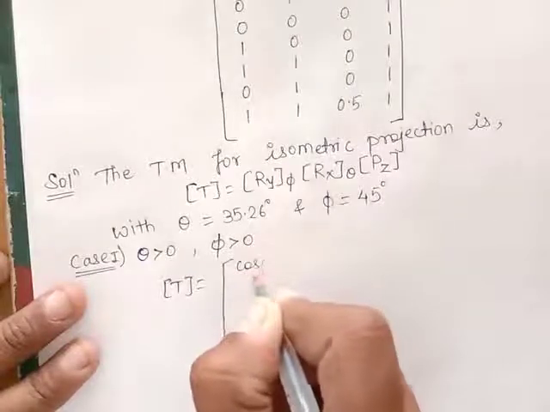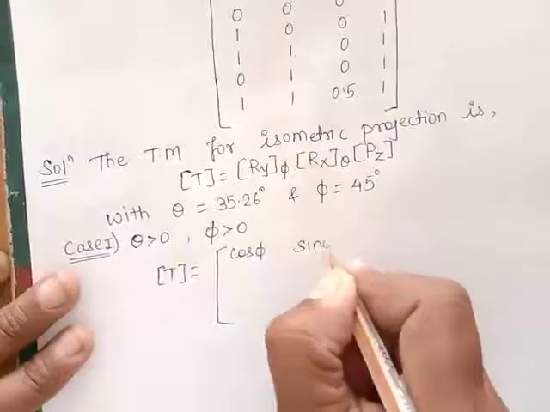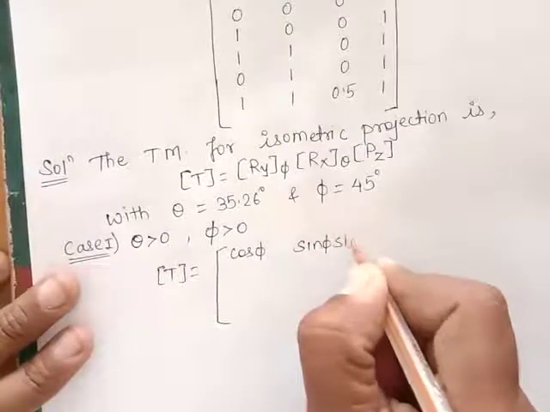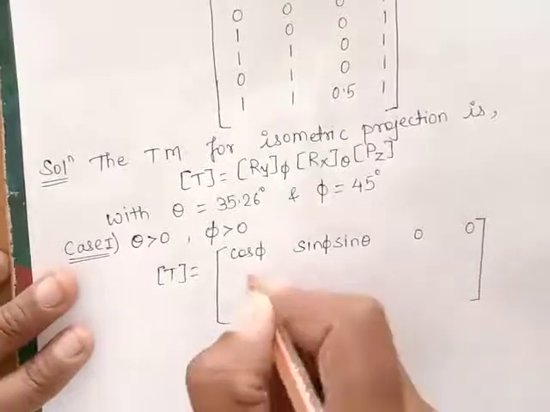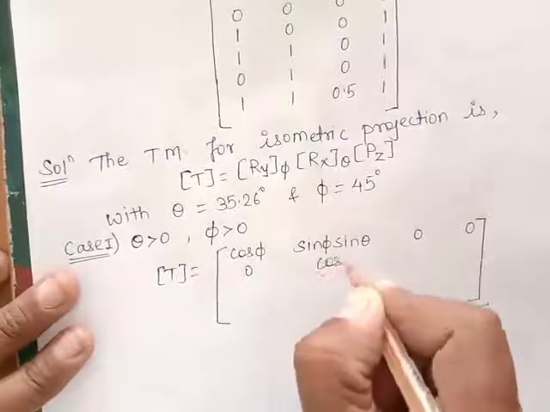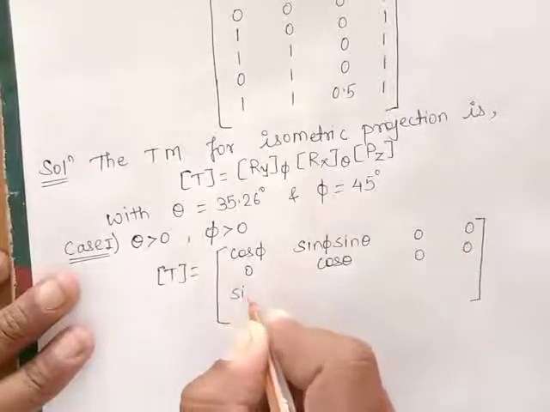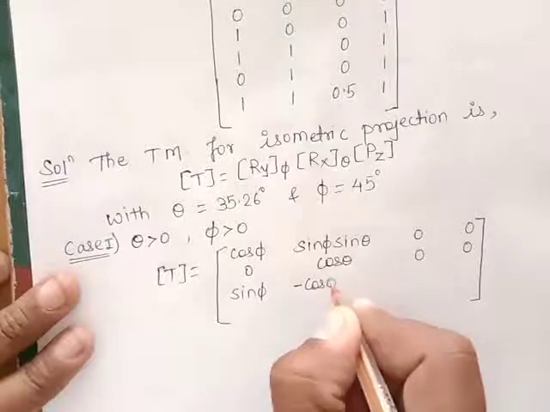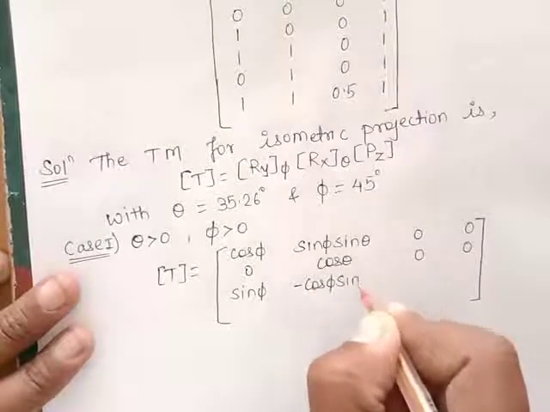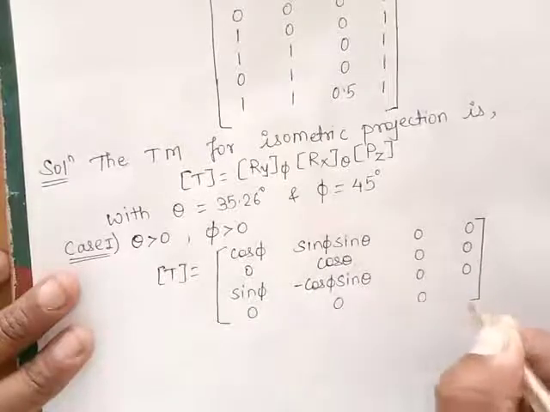Cos of phi, sin phi, sin theta, 0 0, 0 cos of theta, 0 0, sin phi, minus cos of phi sin theta, 0 0 0 0 0 1.